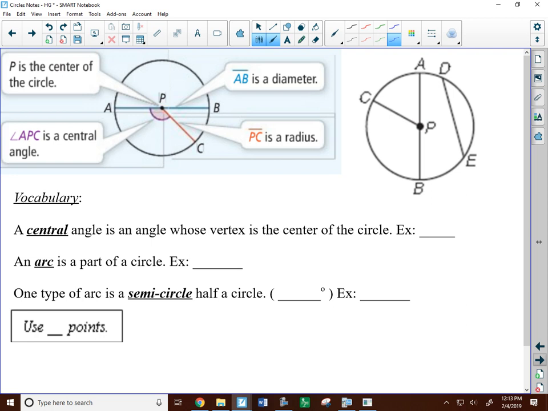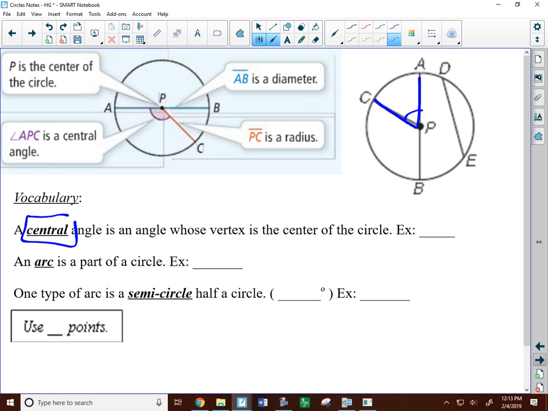Yeah, any regular polygon. So flip it over and let's talk about arcs, naming them, and their angle measure. I first have to say central angle because that leads into the arc. Okay, so a couple of vocab terms here. First is central angle. It is simply an angle at the center of a circle.